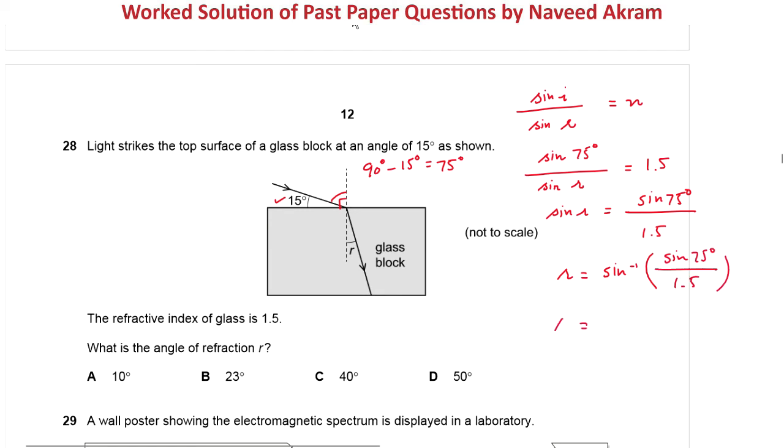It becomes R is equal to inverse sine of 0.64395, and it is 40.08 degree. Option C is the right answer.